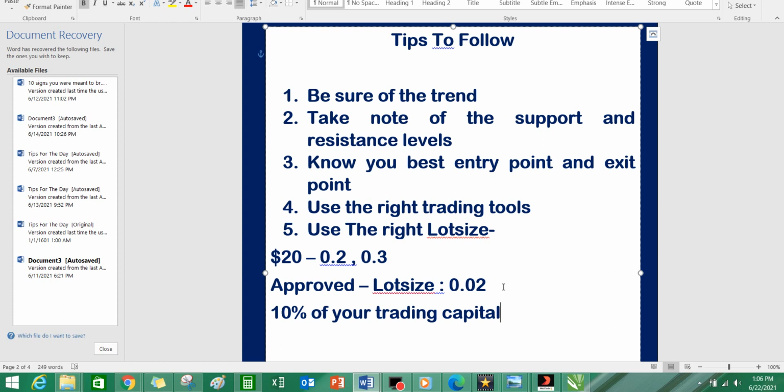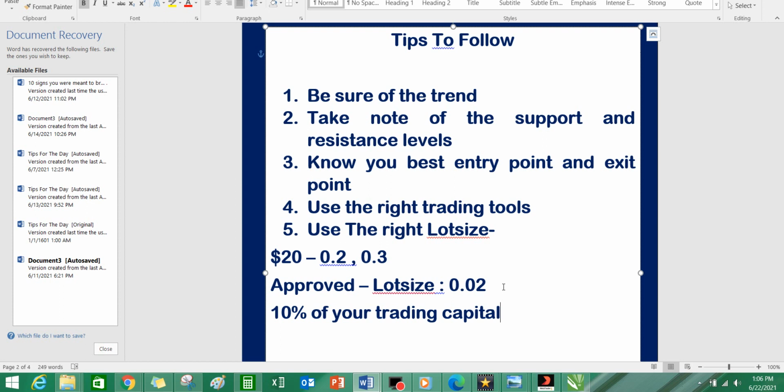You shouldn't be looking at getting up to $1,000 per day when you are using $20 to trade. If you are using $20 to trade and you are targeting $1,000 per day, then you are not being realistic. What of those that are using $10,000 to trade? What of those that are using $100,000 to trade? What do you expect them to make?